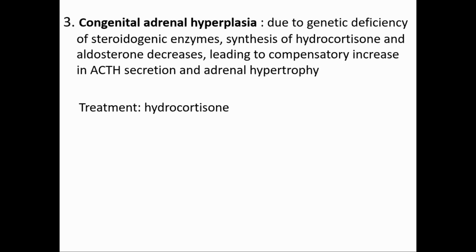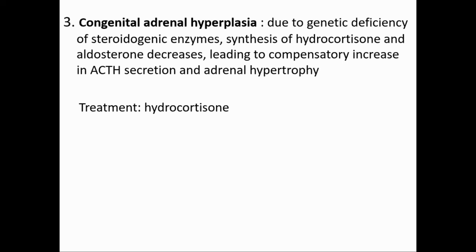Because in these patients there is a genetic deficiency of enzymes responsible for the synthesis of different corticosteroids like mineralocorticoid, glucocorticoid, or the androgens. So the adrenal gland is not able to secrete glucocorticoid, mineralocorticoid, or the sex hormones.